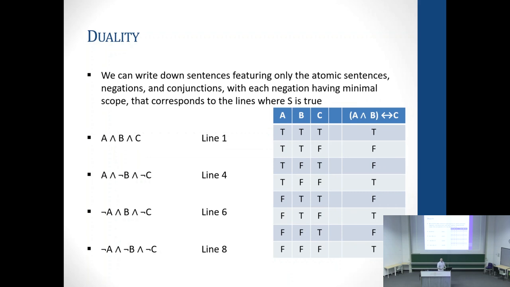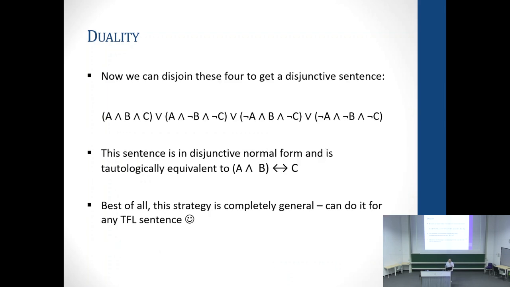And what this does is it gives you a way to take any sentence and turn it into one that has that disjunctive normal form structure. That is, disjunctions at the highest level, conjunctions the next level down, and then negations with minimal scope. It's just a way to manipulate the structure of sentences. So it's kind of cool.